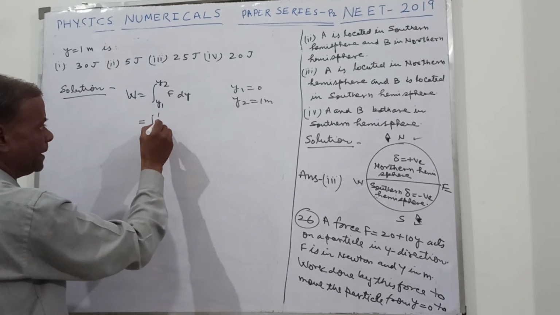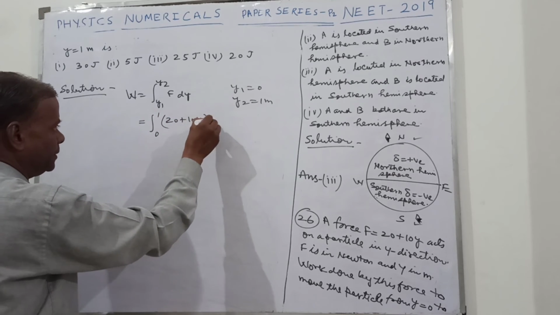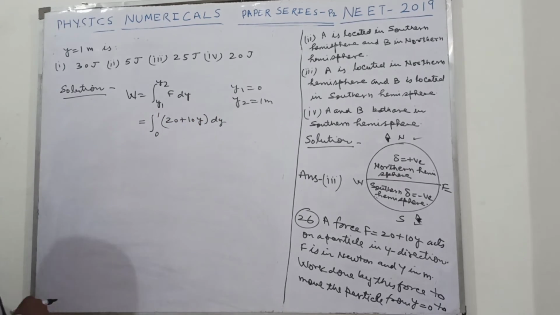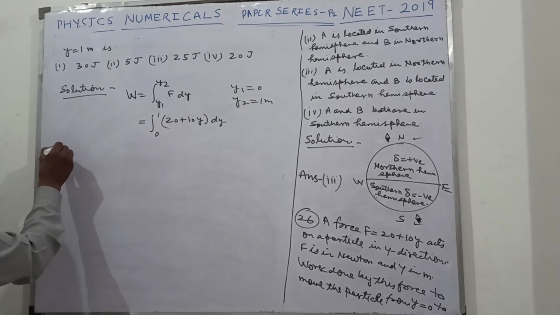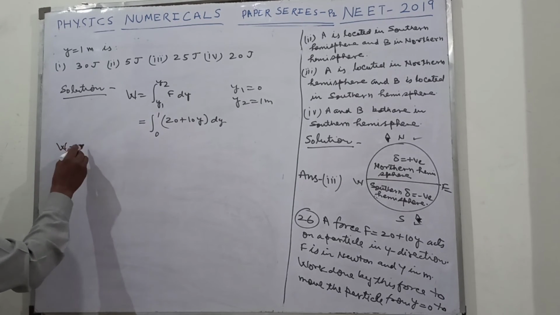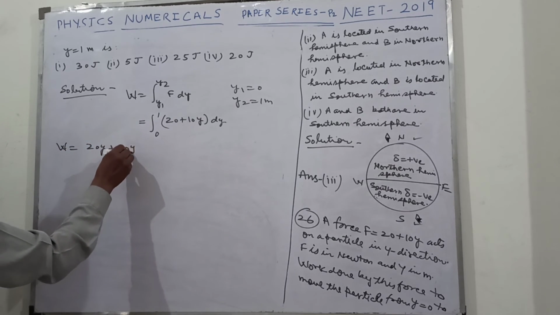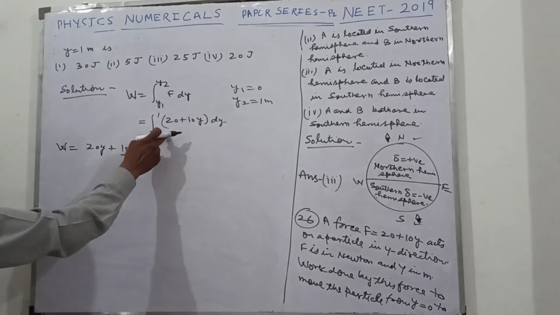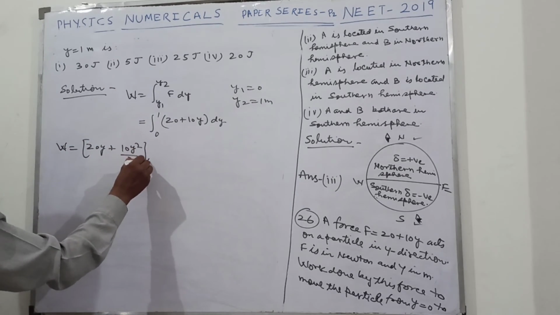So 0 to 1, F is given 20 plus 10y into displacement dy. So this will be 20y plus 10y square upon 2. We just integrate and now we put the limit 0 to 1.